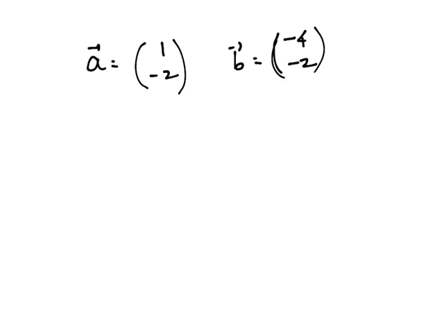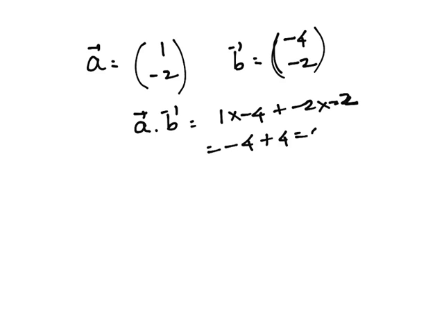Now if you find the dot product between them, a dot b, it will be 1 into -4 plus -2 into -2, which will be -4 plus 4 equal to 0.